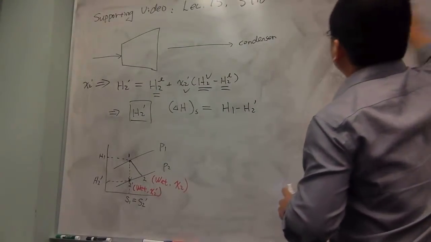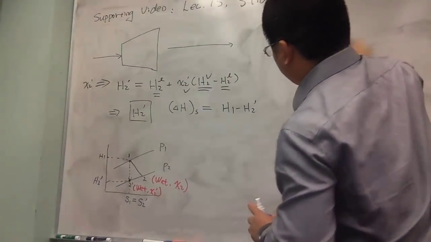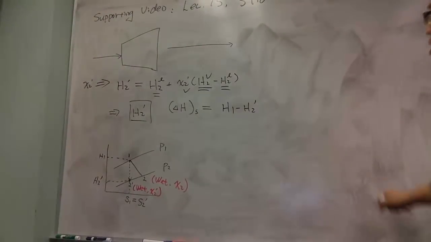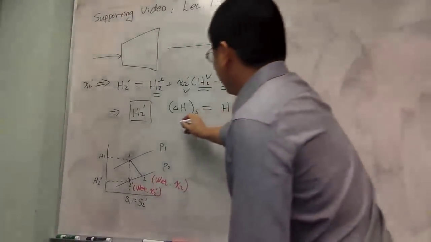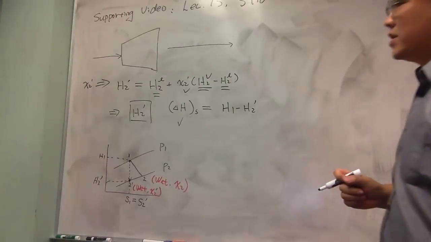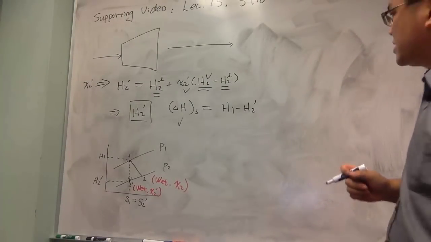I have this solved. What's the point of doing this? So now this is known. This delta H along the isentropic process.